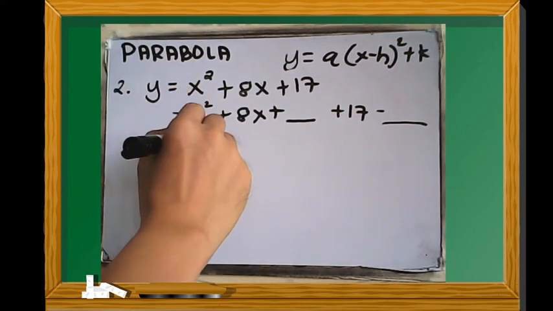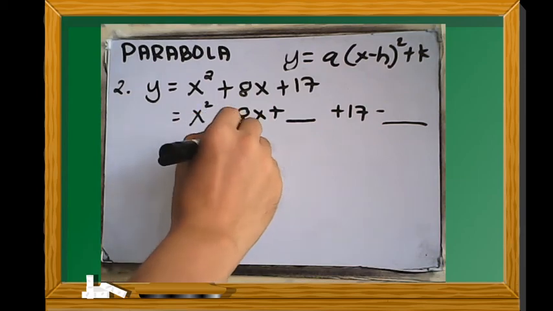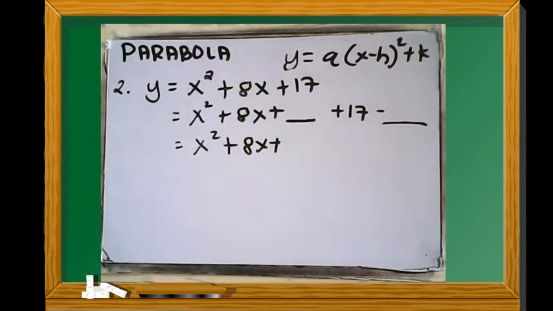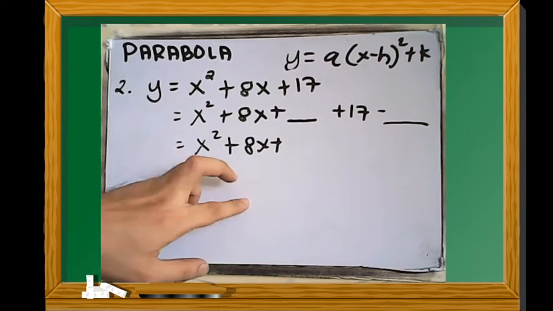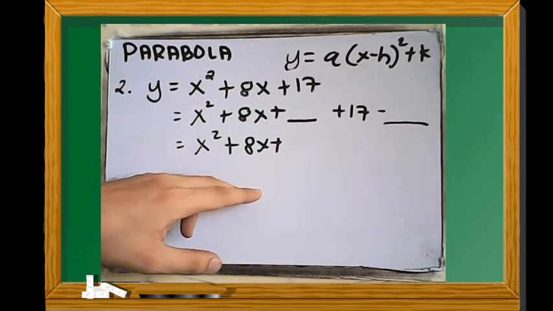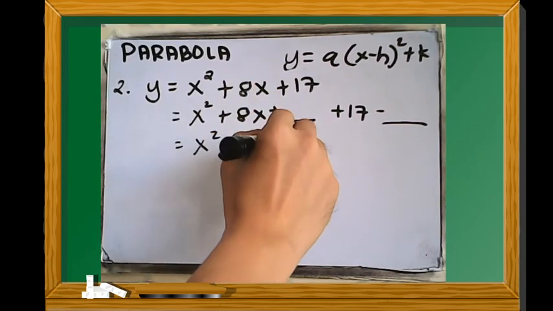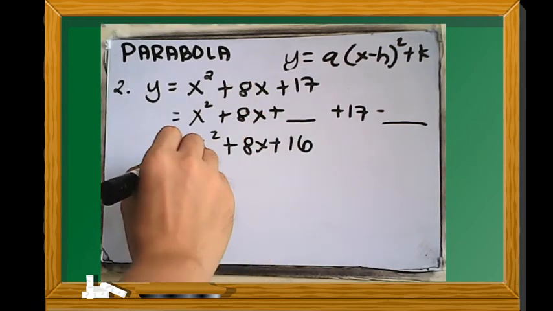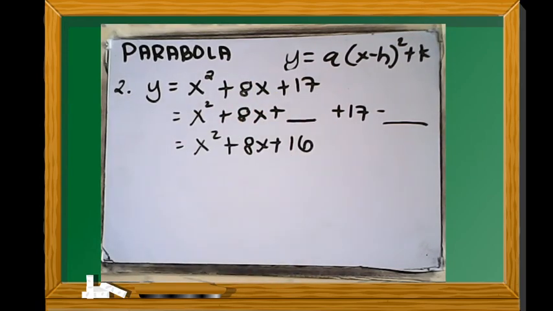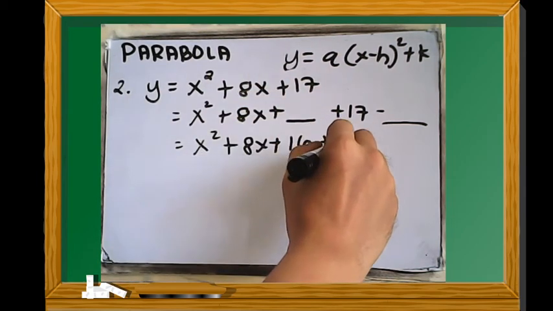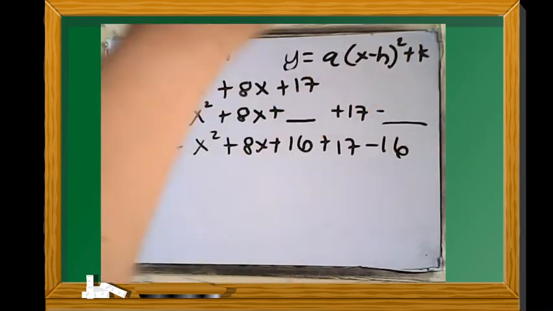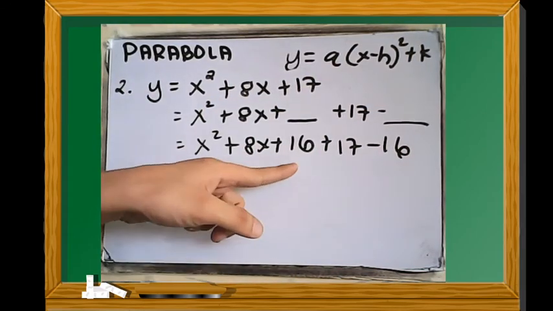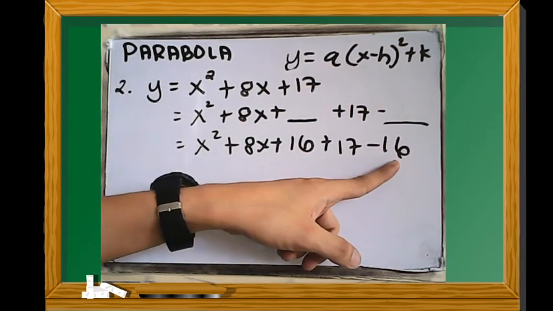So we just copy x squared and 8x and then plus. So 8 divided by 2 is 4. And then 4 multiplied by 4 is 16. So it means the third term is 16. So this is now a perfect square trinomial. And then we just copy plus 17 and then minus 16. So since we add 16 here, we will subtract 16 here.